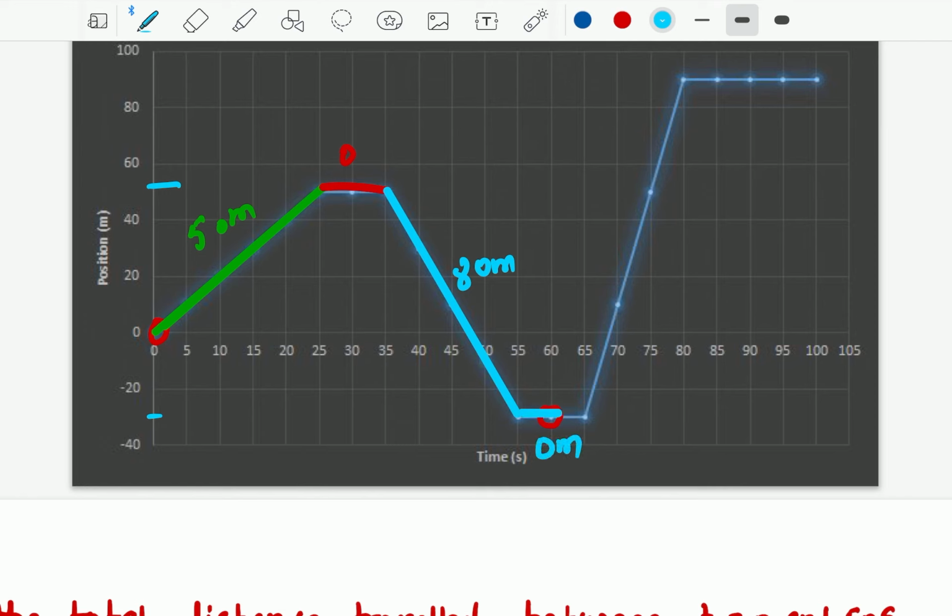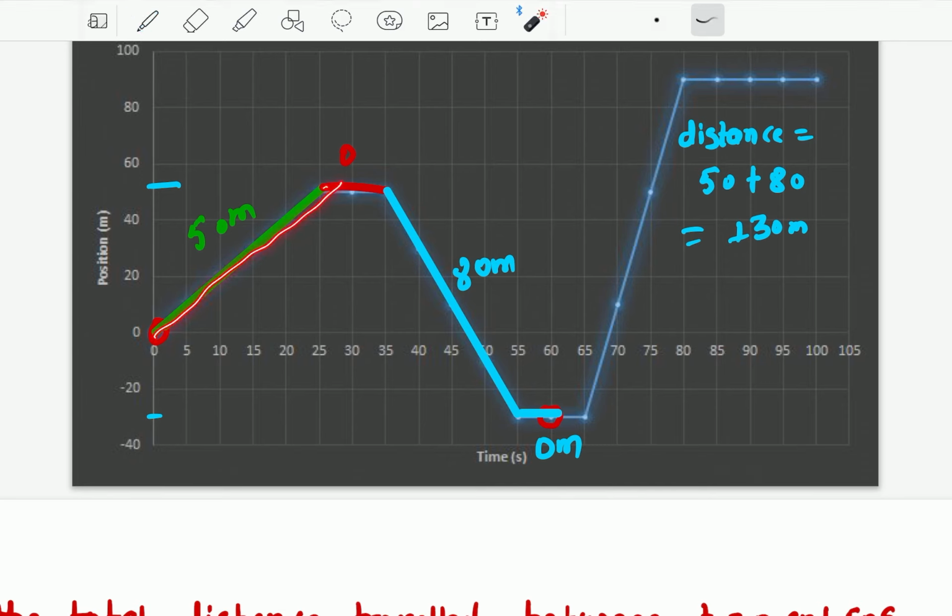So the total distance traveled is 50 plus 80, and that would be 130 meter. So we have found the total distance traveled from 0 second to 60 second.